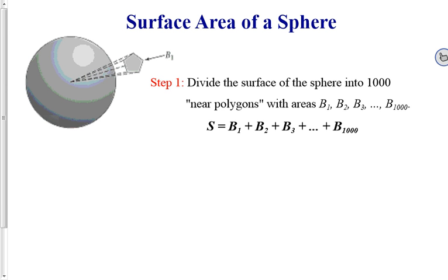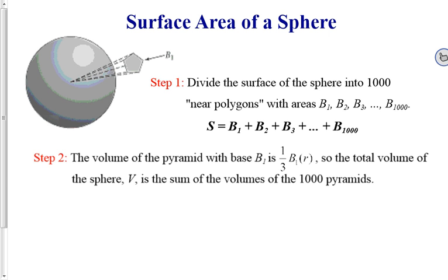Since you're taking notes at home, I would definitely write down each step and the formula as we build it. Now, let's go on to step 2. The volume of the pyramid with base B sub 1 is 1/3 B sub 1 times r.